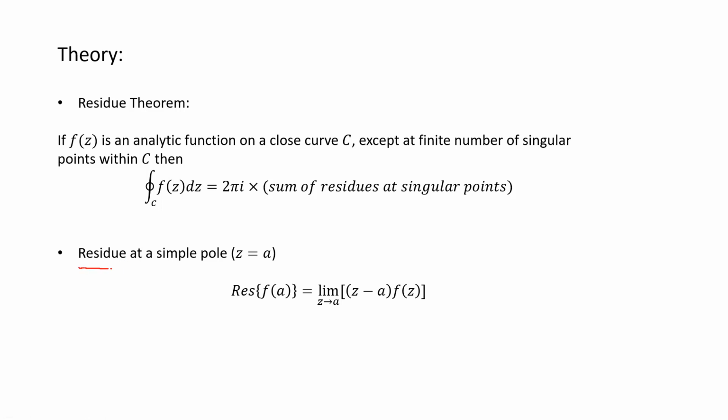The residue at a simple pole z is equal to a is given by this formula: the residue of f at a is the limit z tending to a of z minus a times f of z. We will evaluate this limit to get the residue at this point, which is a simple pole.